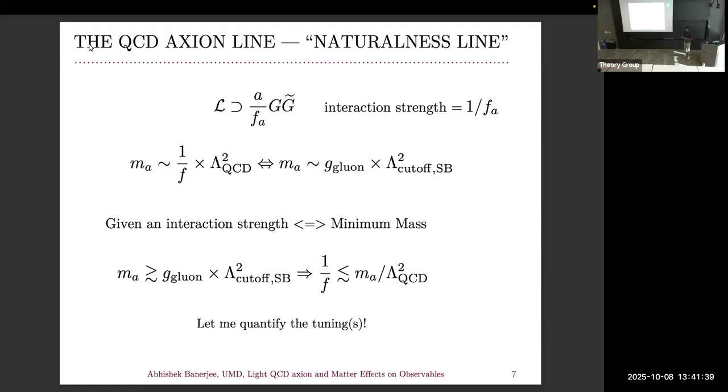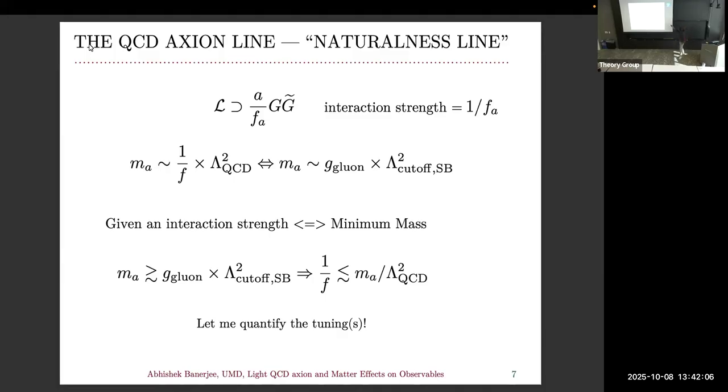Anything that happens in any, okay, there is a caveat to the statement, but if no one asks me, then I'll not explain. But yeah, for any strongly coupled theory, things happen at the confinement scale. So you just put this cutoff to be the confinement scale, right? And the naturalness argument that we all know in our life is that, given an interaction strength, it just tells you what needs to be the minimum mass of a field, right?